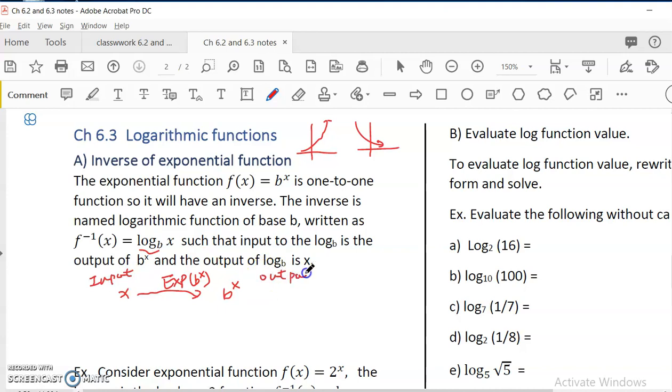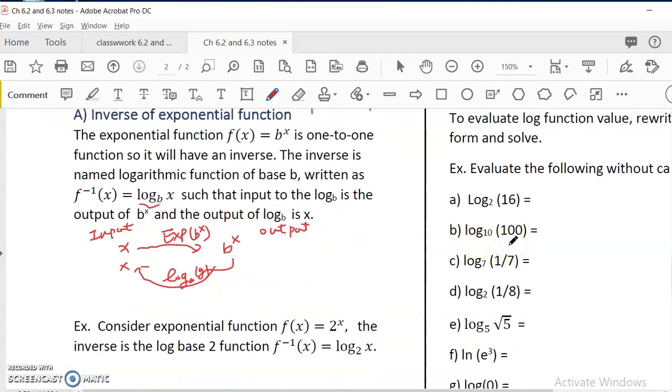The inverse takes this answer of the exponent, puts it into the log base b function, and you get x back. So you can say log is the one that extracts the exponent from a number with the base b.